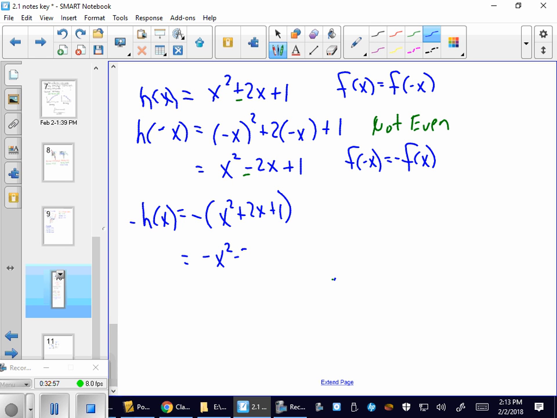Negative x squared minus 2x minus 1. Well, this definitely is not the same. These are not the same. So this is not odd, which just means this is neither. This function is neither odd or even.